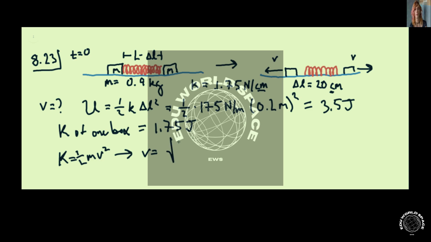And so doing the algebra, we get v equals the square root of 2 times the kinetic energy, important to make sure this is a capital K so you don't confuse it with the spring constant, divided by the mass. So 2 times 1.75 joules, and these each have a mass of 900 grams.